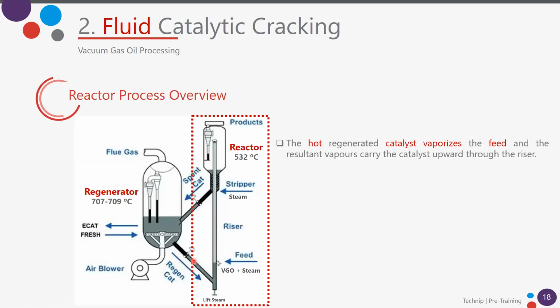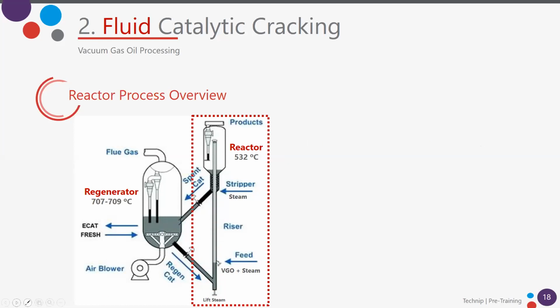This catalyst is already regenerated, so it contains a very, very small amount of carbon. And you also have this lift steam. So this all will go through the riser, will see the feed and will vaporize the feed. You will have an increasing volume, so the feedstock will go through this riser, and in this riser the reactions will take place. We'll see it now.